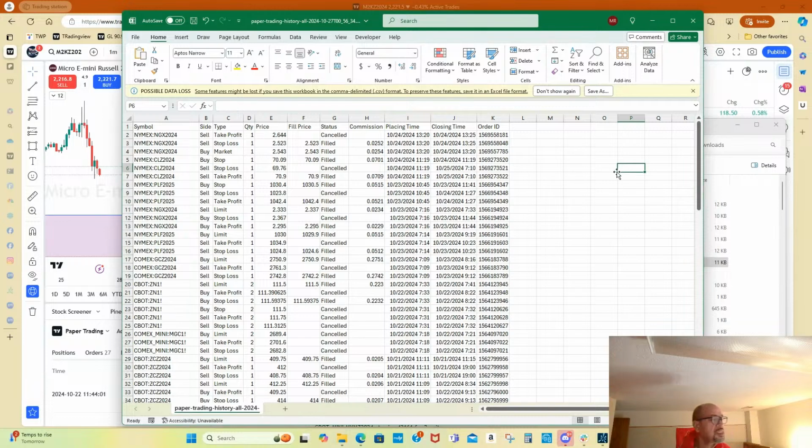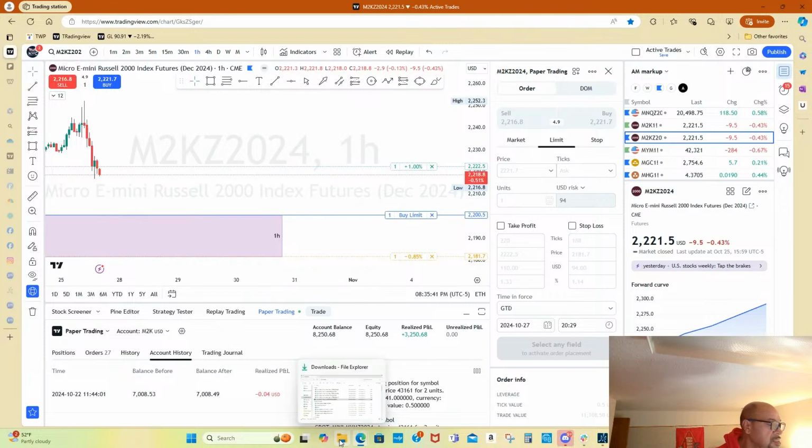You can see these are balance before and after. No, this one's the all trading history. I downloaded the wrong thing.